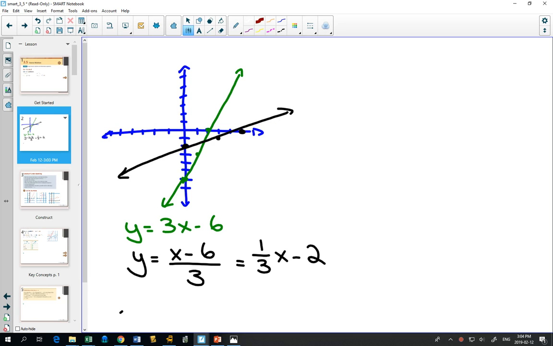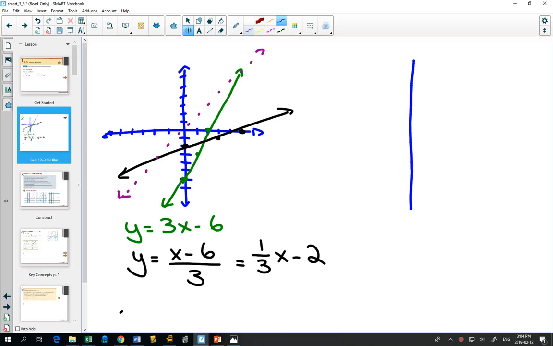The question is, graphically, have they been reflected over that line? If you take the green graph and flip it over the purple line, does it match up with the black graph? No. So we can see graphically what we figured out algebraically, that these are not inverses of each other.